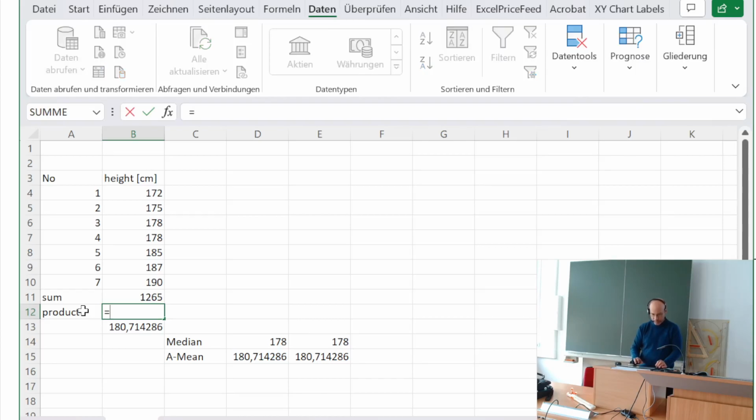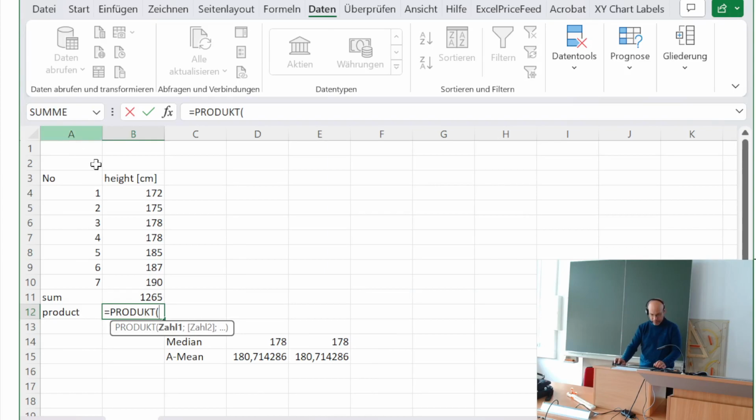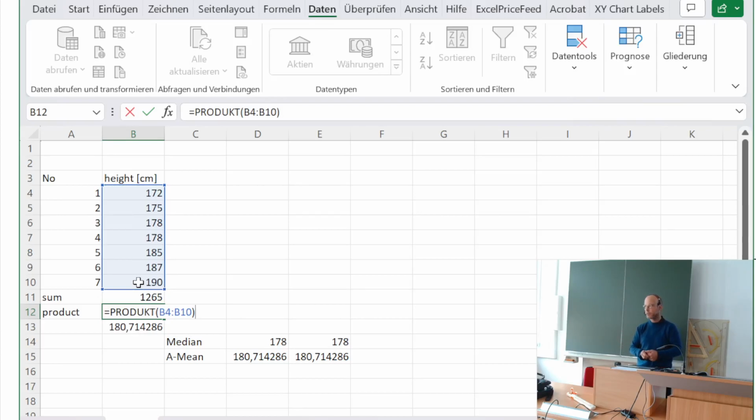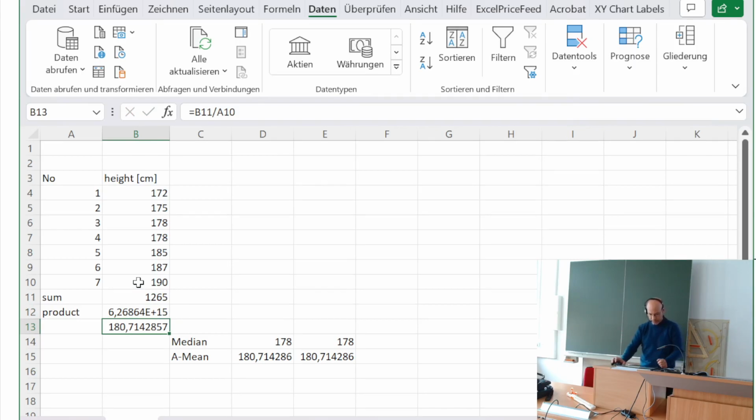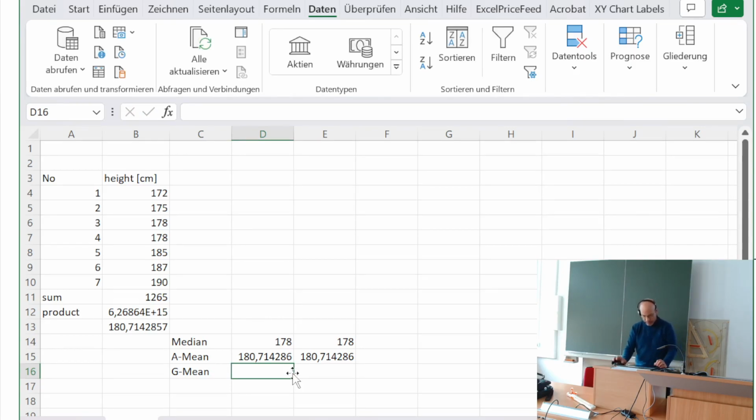Also for this we have a formula, so you do not have to type 172 times 175 and so on. And then we take the nth root.